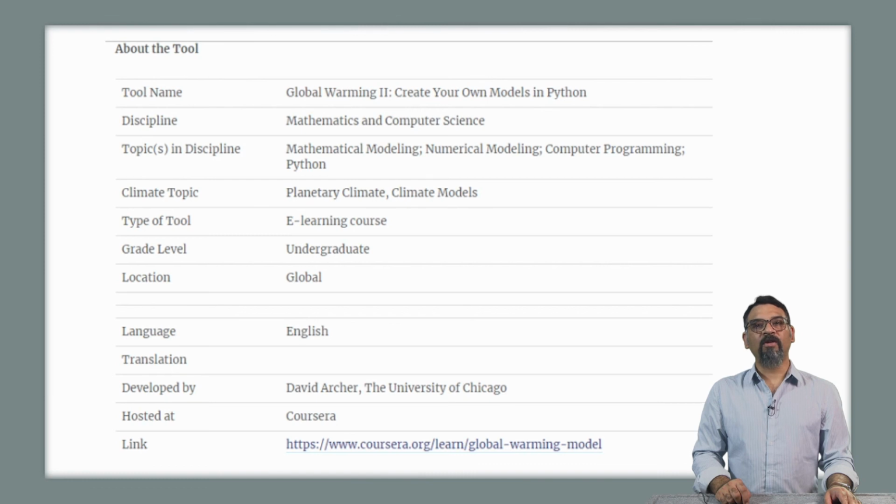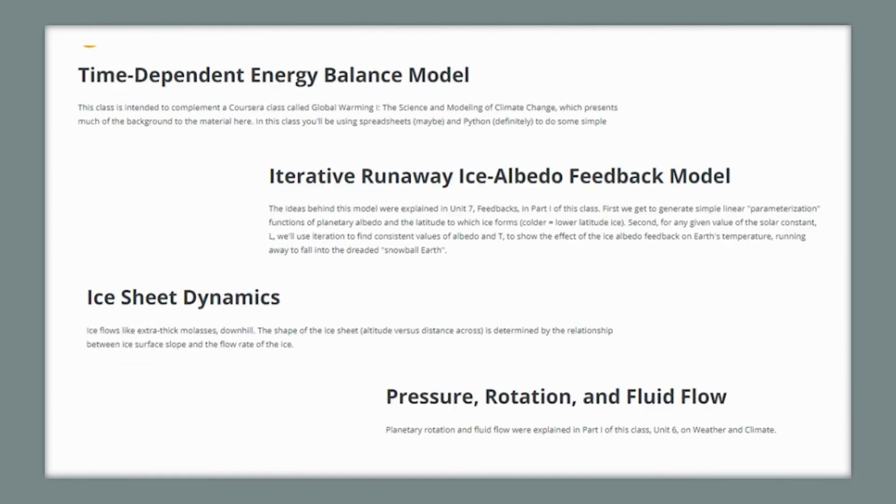It is hosted on Coursera, and the topics in discipline include mathematical modeling, numerical modeling, computer programming, and Python as a language, but the usage of these to create climate related models will not only make your students understand about modeling itself and the use of Python, but also learn about Earth's climate.